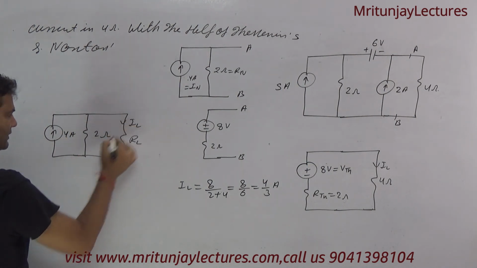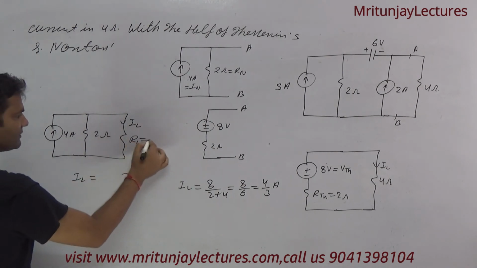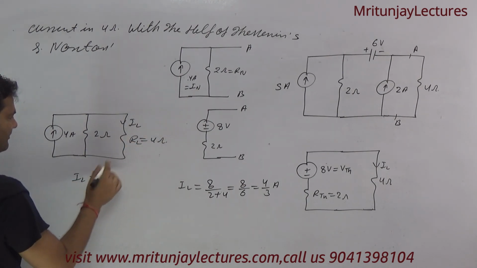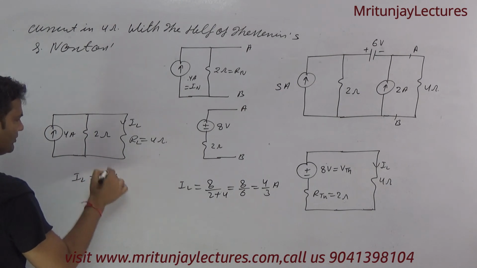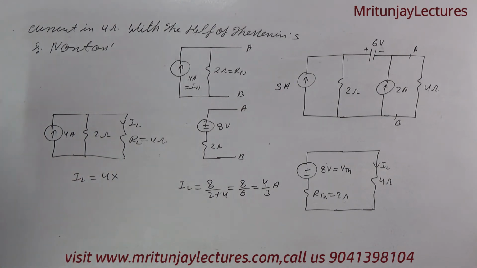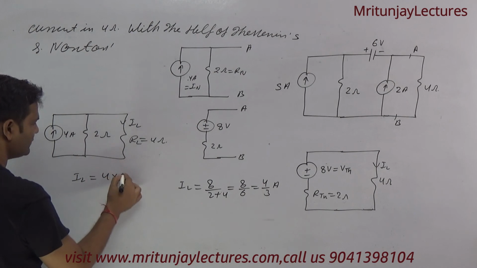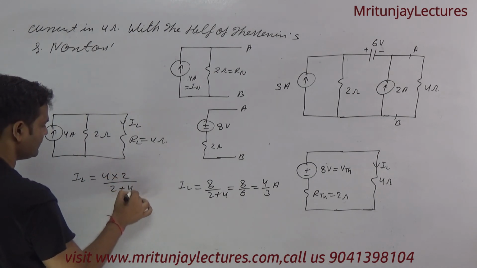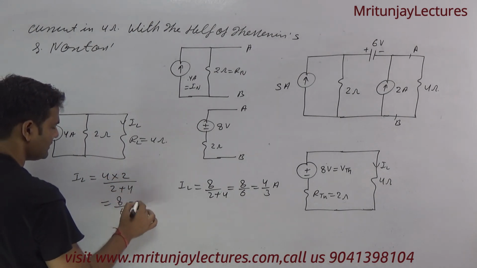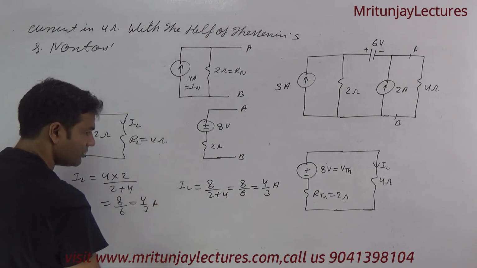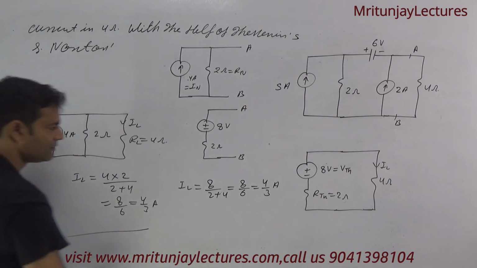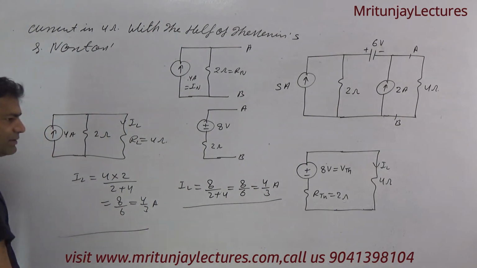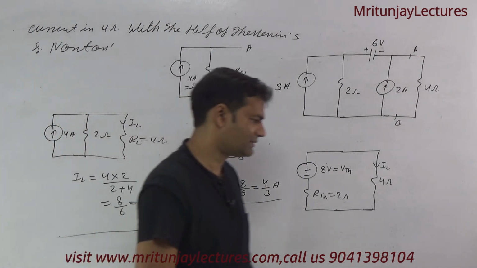So what about IL? With the help of the current divider rule, 4 into 2 divided by 2 plus 4, that is 8 by 6, that is 4 by 3 ampere. We got the same result. Following Thevenin's equivalent or Norton equivalent, we got the same result.